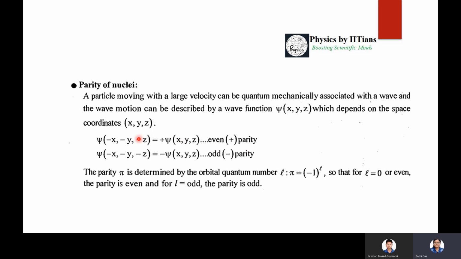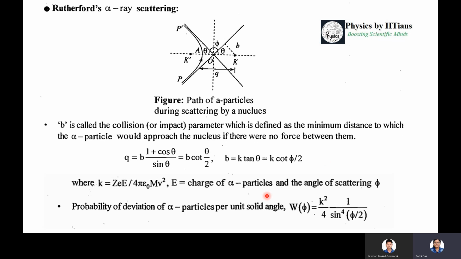If there is no change in sign, then it is called even parity. The parity pi is determined by the orbital quantum number, that is pi equals minus 1 to the power L. So if L equals 0, 2, 4, the parity is even. But if L is odd, that is L equals 1, 3, 5, then the parity will be odd.